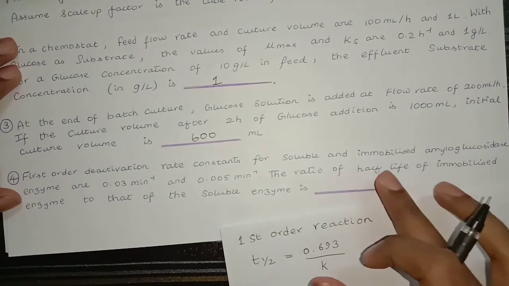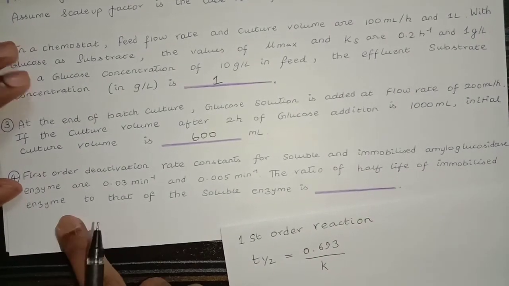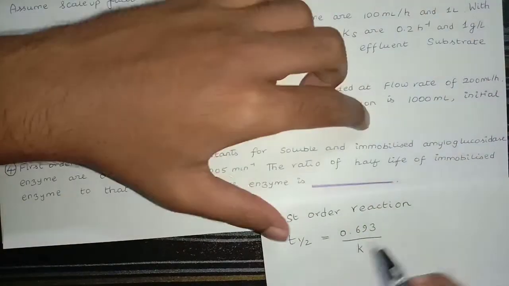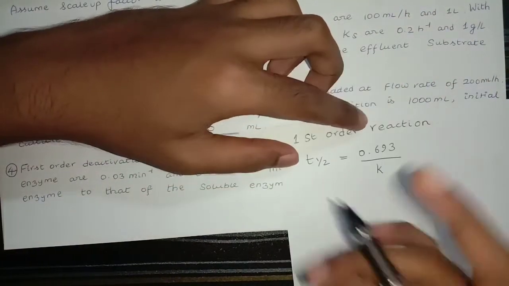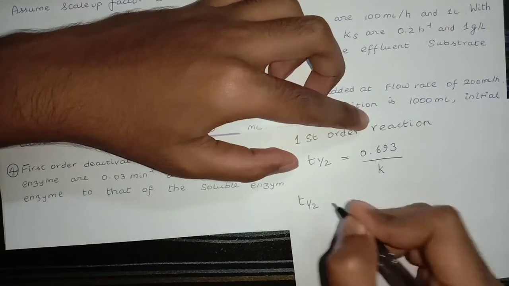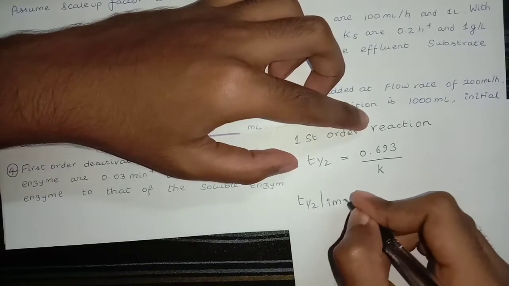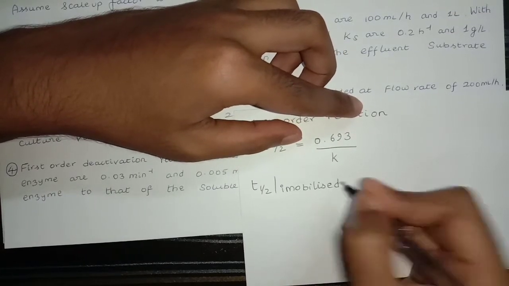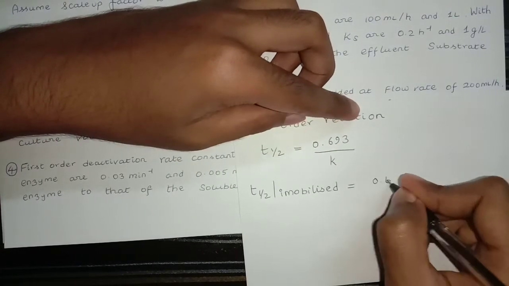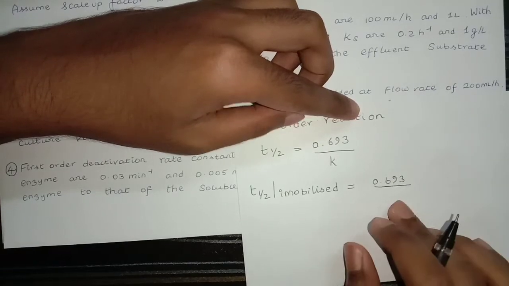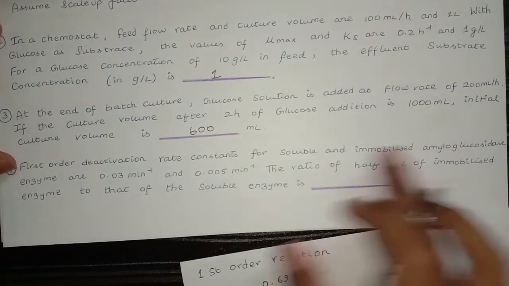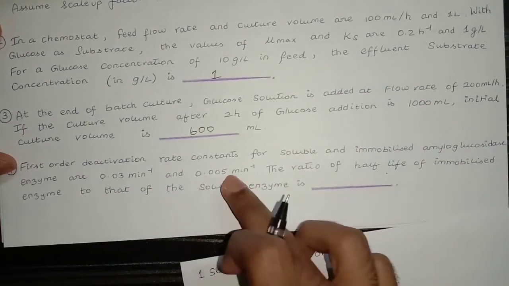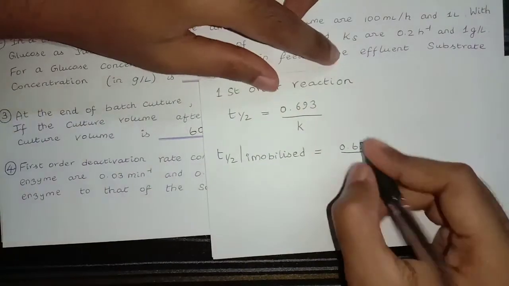We need to find the ratio of the half-life of immobilized enzyme to that of the soluble enzyme. So write down the expression for the half-life of immobilized enzyme. Therefore T half for immobilized is equal to 0.693 over K. The rate constant for immobilized enzyme is 0.005 per minute.